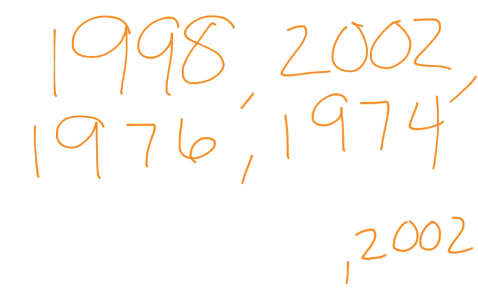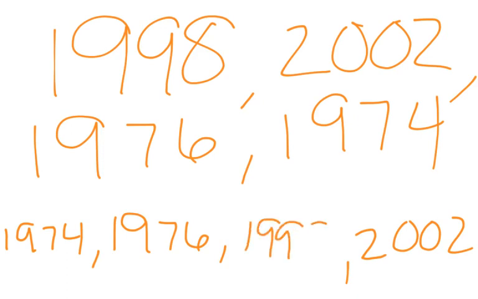And everyone else has a 9 in the hundreds place. So we actually have to go to the tens place again. So the two numbers that have a 7 in the tens place, we actually have to go to the ones place for them. So the 4 is less than the 6, so 1974 is going to be first, 1976 is going to be second, and 1998 is going to be third, 2002 is going to be fourth.